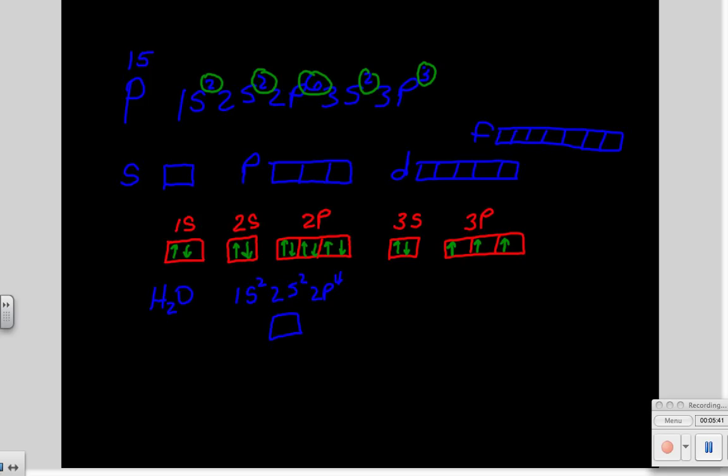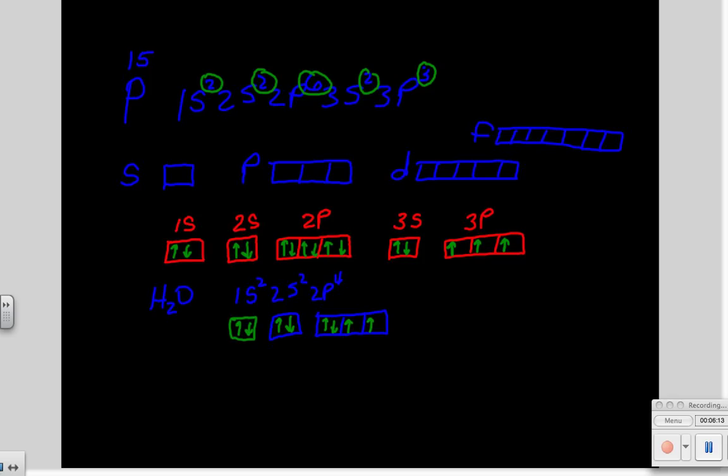I'd get one box for the s, and then the p has 3 boxes. I'll place the electrons in there: the 2 electrons in the s, then the 4 in the p fill this way, 1, 2, 3, 4. And you see that I have 2 empty orbitals.